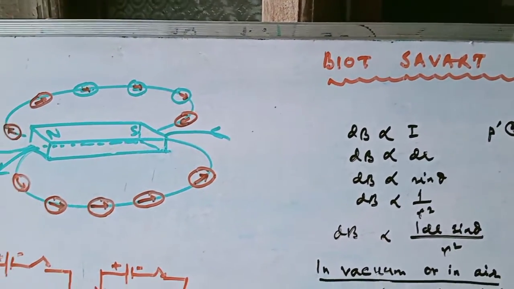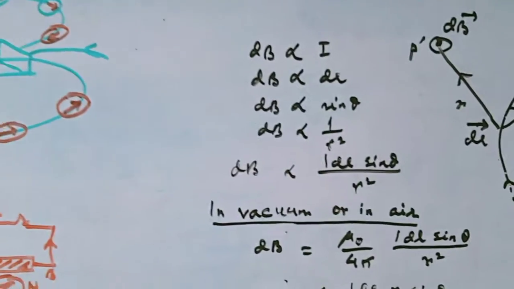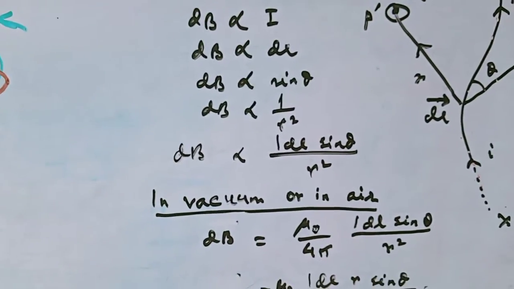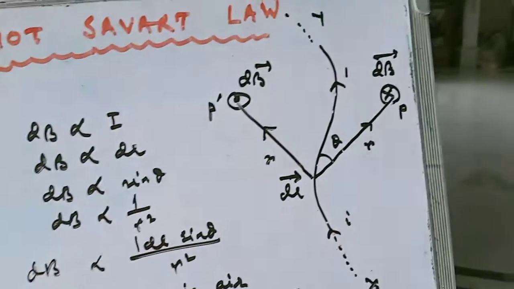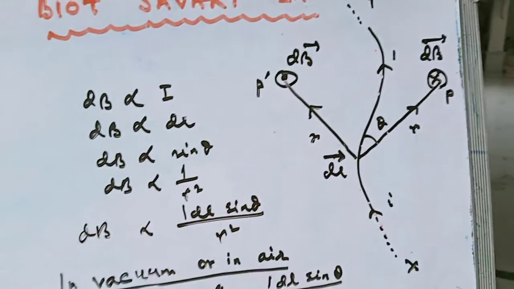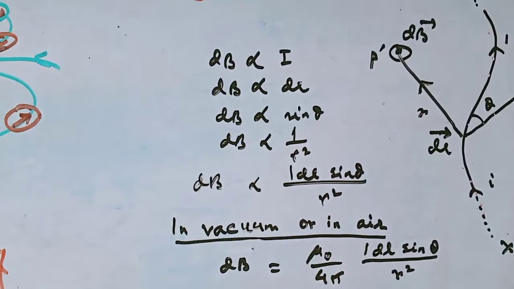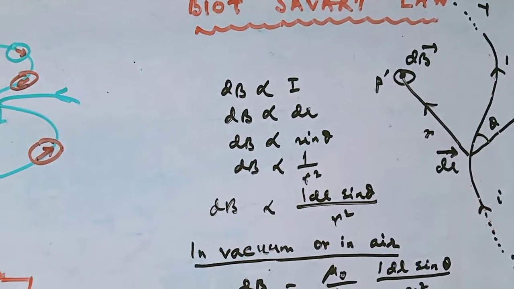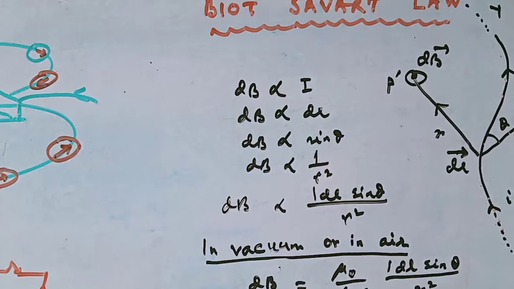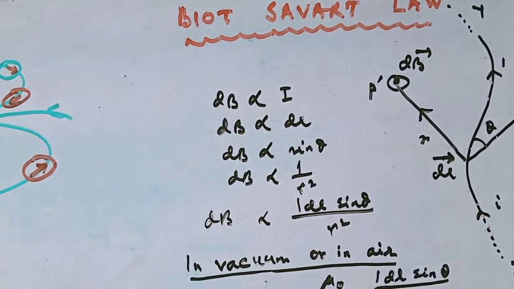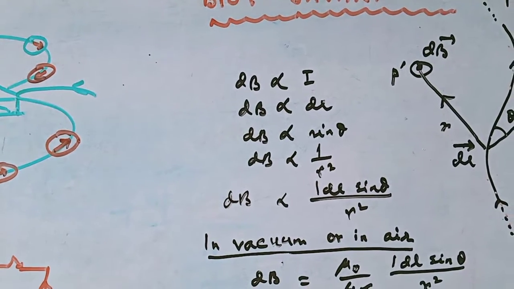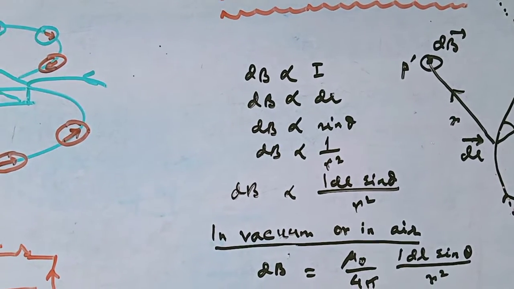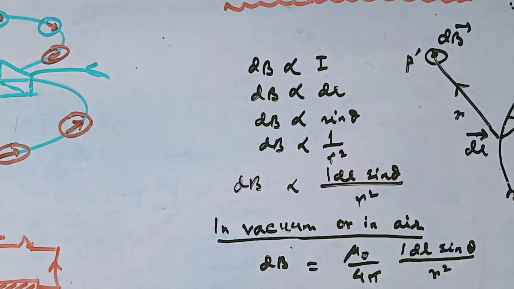Now another thing: see the formula here, I dl sine theta by r square, or 1 by 4 pi epsilon naught dq by r square. If you compare 1 by 4 pi epsilon naught dq by r square with mu naught by 4 pi I dl sine theta by r square, that means if you compare Coulomb's law with the Biot-Savart law, there will be many similarities.